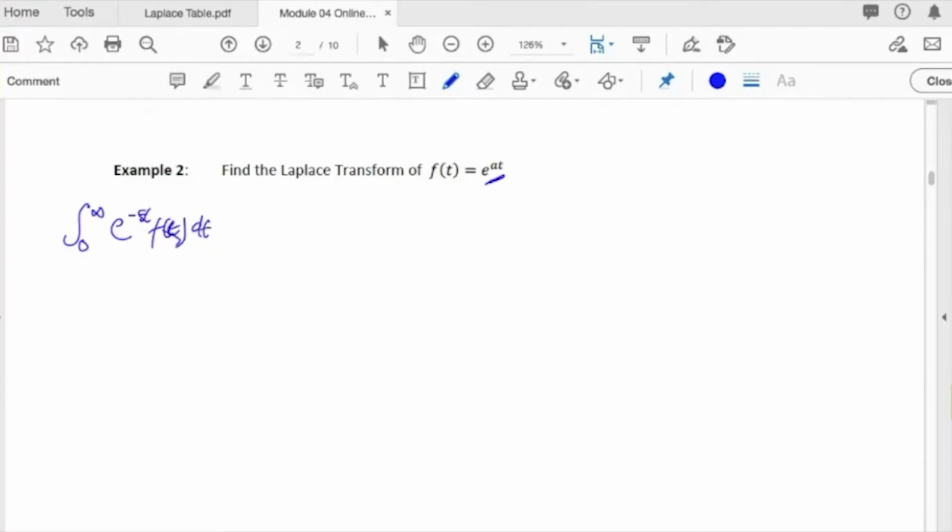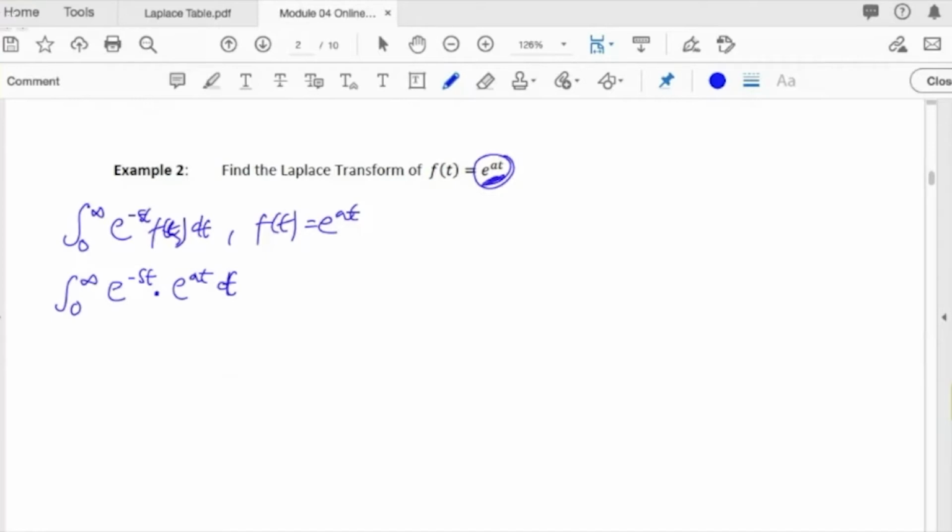This is the mathematical definition, where our f(t) will be e to the power of at. We're going to apply the Laplace transform to this and see what the value is in the s domain. So we have 0 to infinity e to the negative st multiplied by e to the at dt.